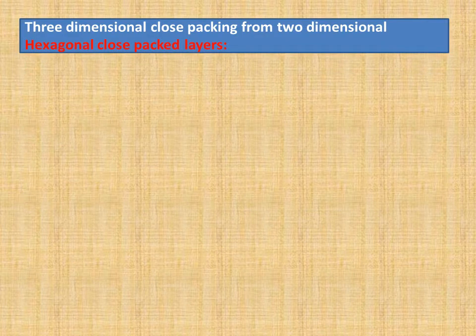A large imagination is required here, students, to understand three-dimensional close packing from two-dimensional hexagonal close packed layers. Previously we understood square close packed layers. Hexagonal close packed layers, do you remember how they are obtained? They are obtained by AB type of arrangement.